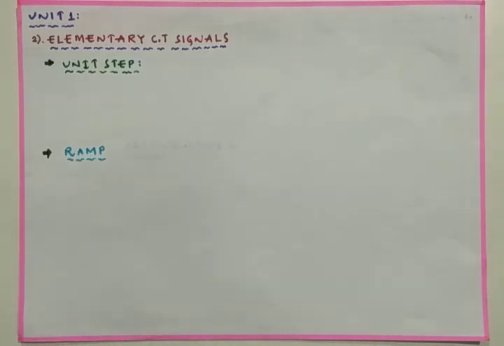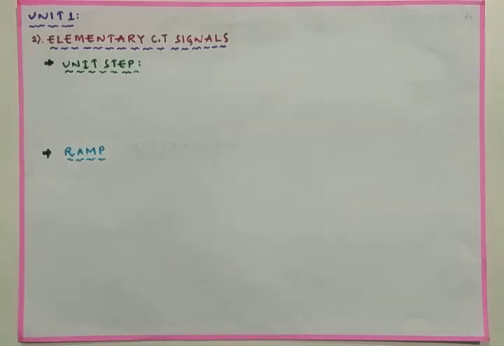Before going to talk about the remaining 4 elementary continuous time signals, I am going to revise the classification of elementary continuous time signals. The first one is unit step signal, second one is ramp signal, and the next one is impulse signal.